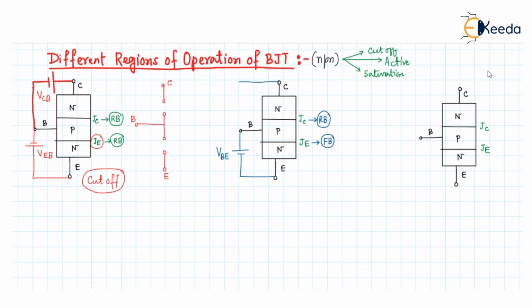To make the JC junction reverse biased, we connect the positive potential to the collector and the negative potential to the base, so this is the voltage VCB. Now this transistor will operate in the active region, because the collector junction is reverse biased and the emitter junction is forward biased.